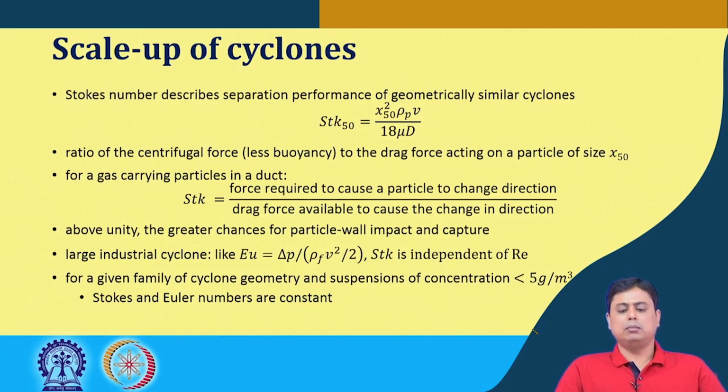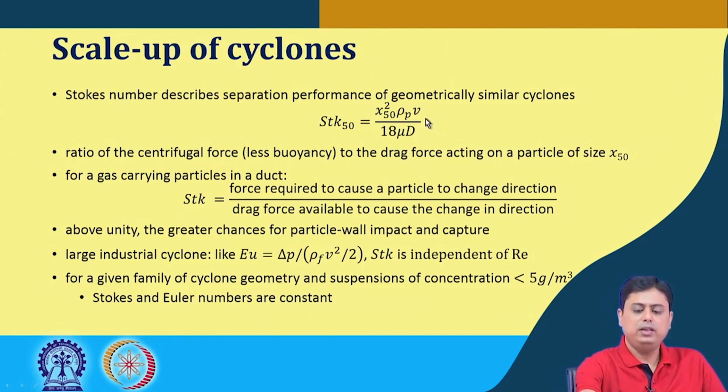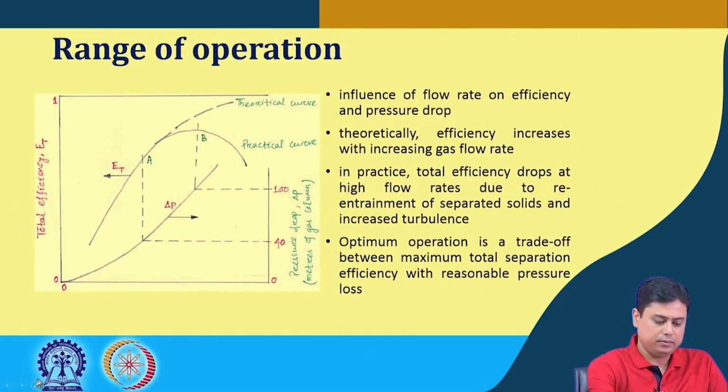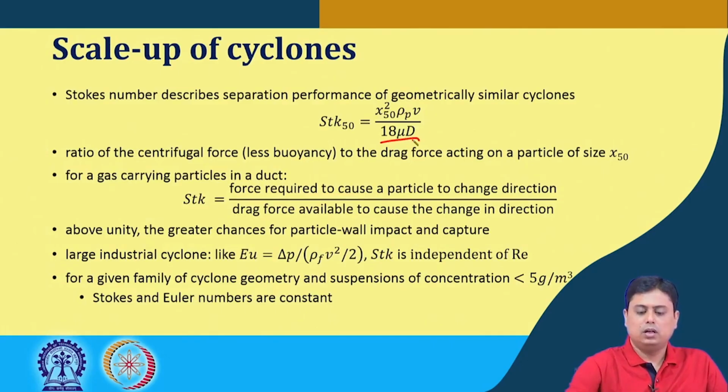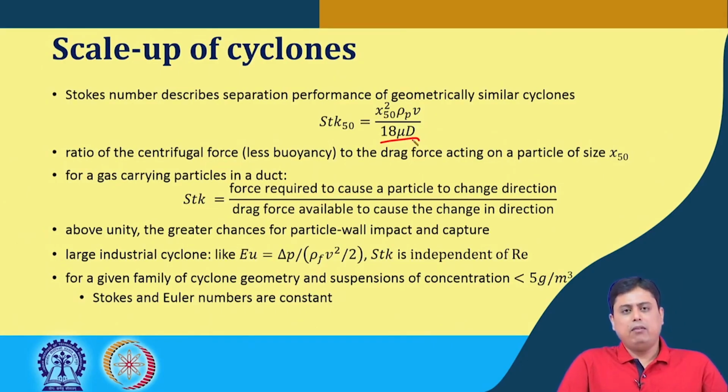Now this Stokes number has been defined as x50 square, where x50 is the equiprobable cut size, times rho p, the particle density, times v, the characteristic velocity, and in the denominator we have 18 mu d, where d is the cyclone diameter and mu is the viscosity of the gas phase.